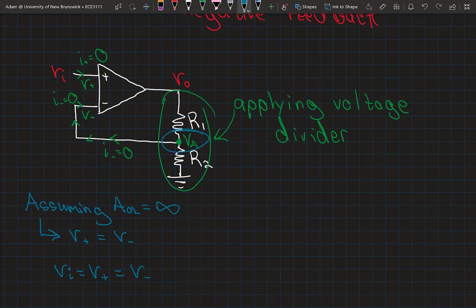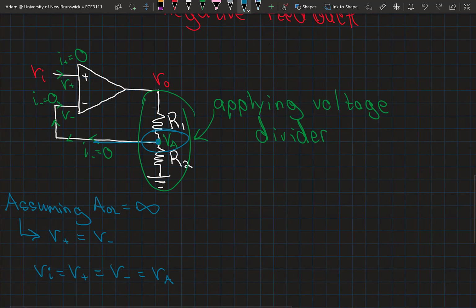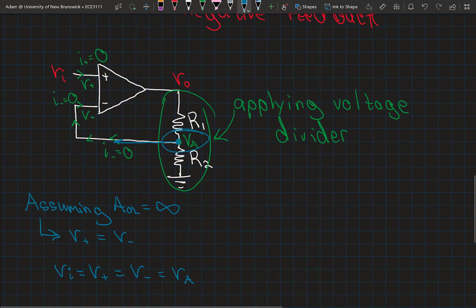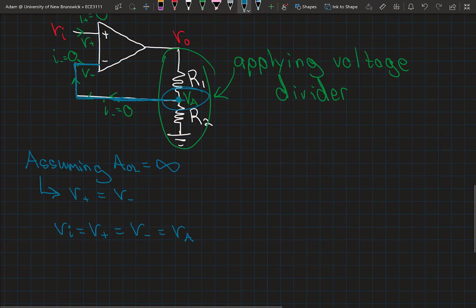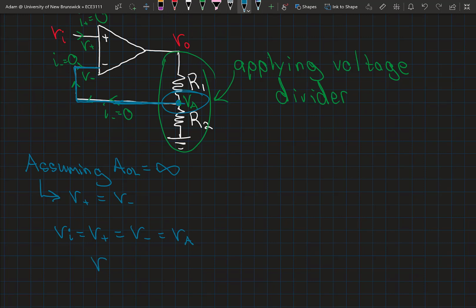So this is also equal to the voltage VA, because that voltage VA is going to be the same voltage everywhere along this conductor, because there's no circuit element in between. Really what we want to get to here is the point where the input voltage is equal to the voltage at the center point of that voltage divider between R1 and R2.